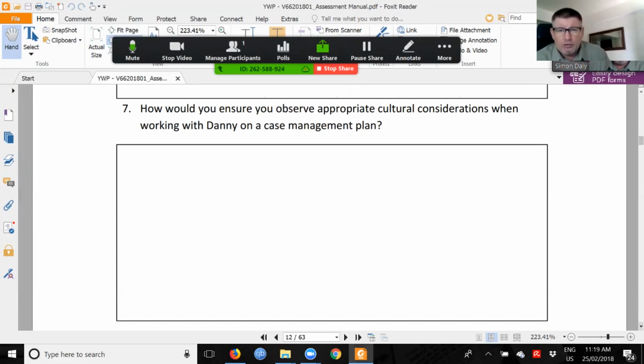How would you observe cultural considerations when working with Danny on the case management plan? Well, let's think about that. Moving on from that last point, Danny said he would go to an appointment, he didn't go. That might be a common trait for people of Aboriginal and Torres Strait Islander backgrounds, where they don't often follow up.